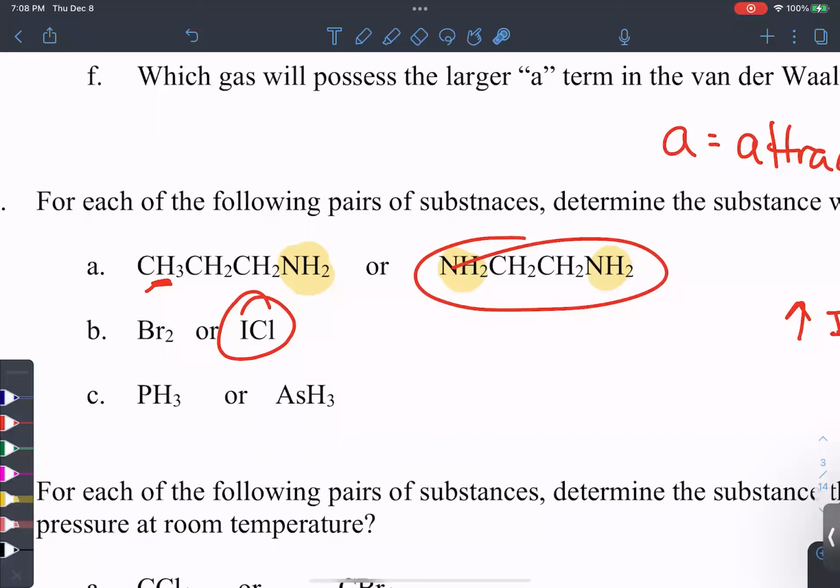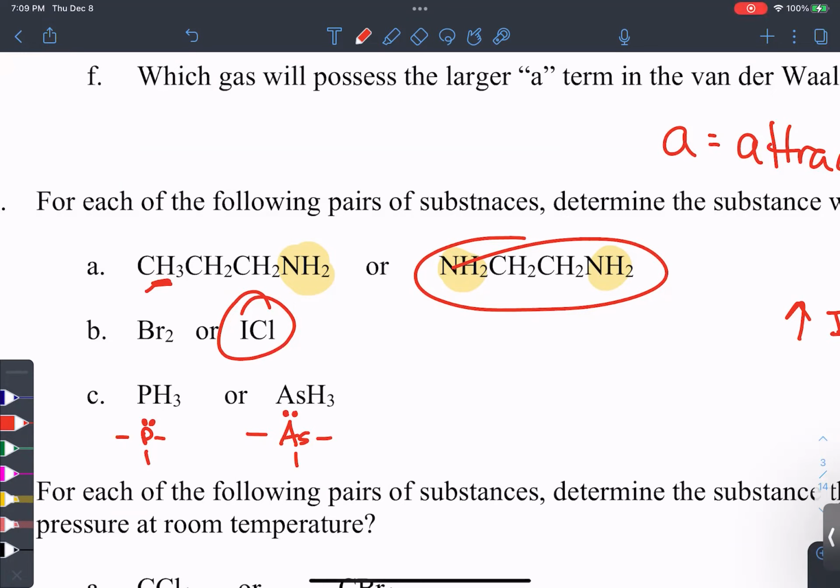PH3 or AsH3? What do we think? Maybe drawing it would be useful. Okay, so let's draw it. PH3 or AsH3. The strongest IMF present in these would be what?